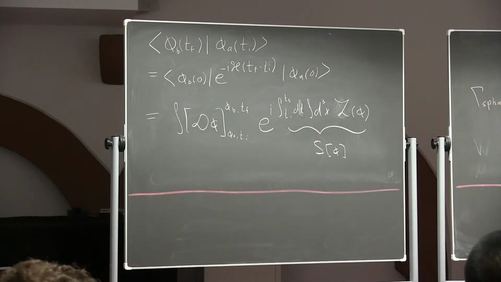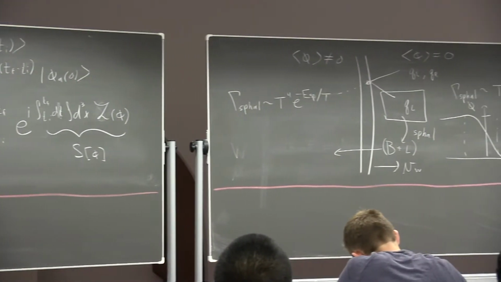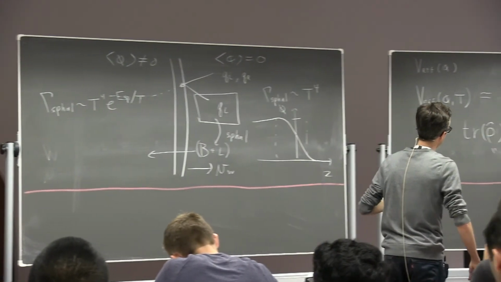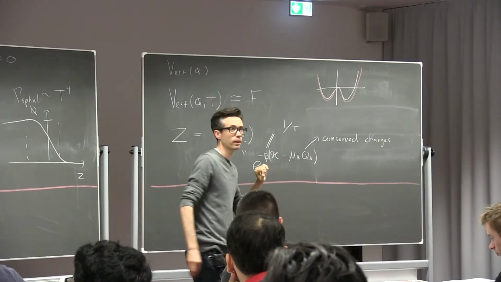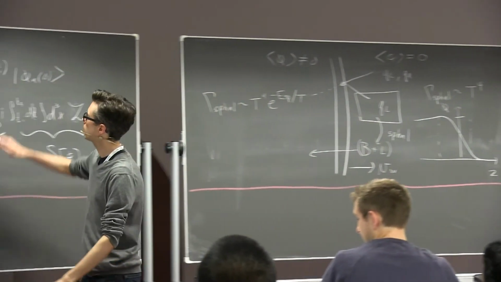So if I go and think about a partition function, if I wanted to compute the partition function, I would now want to compute a trace. A trace means that I compute the same initial and final state.